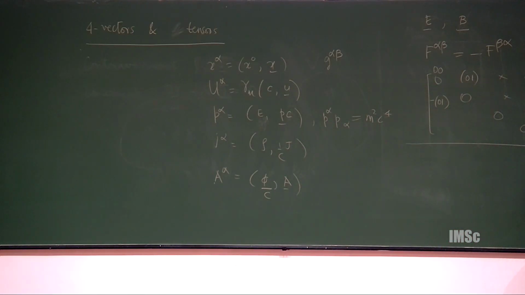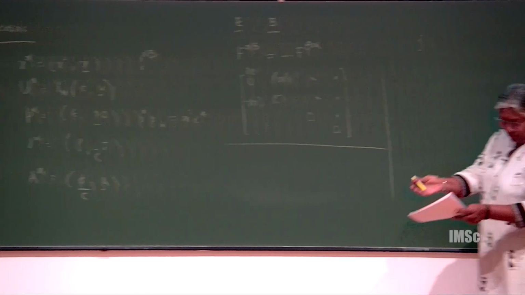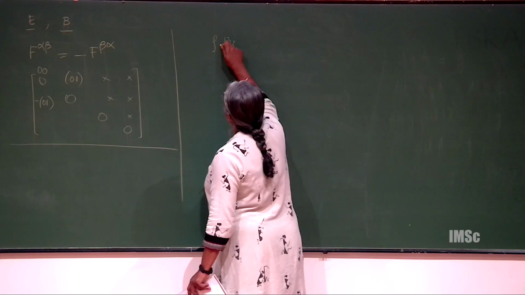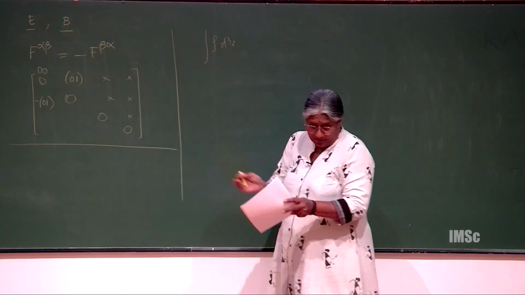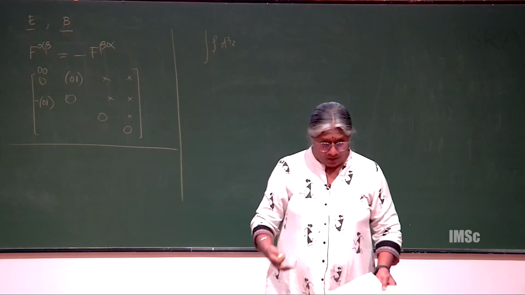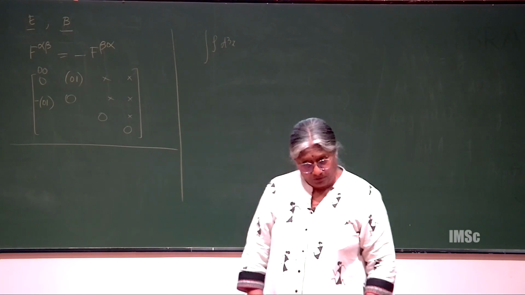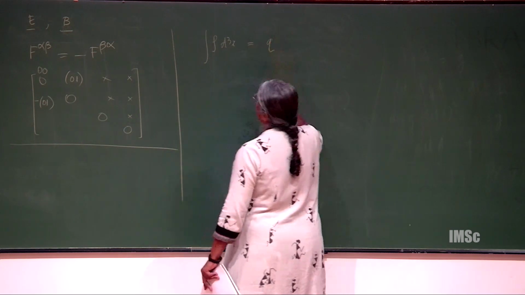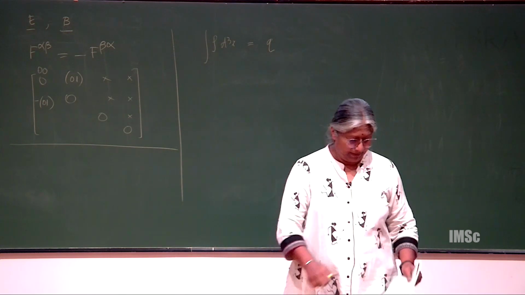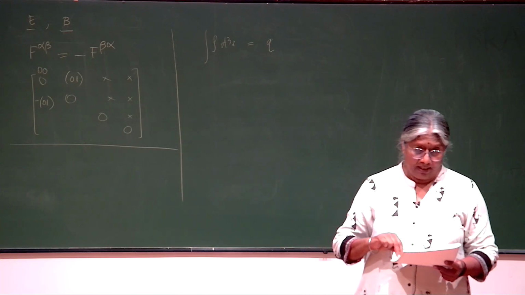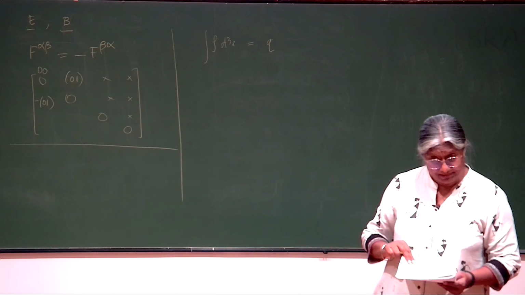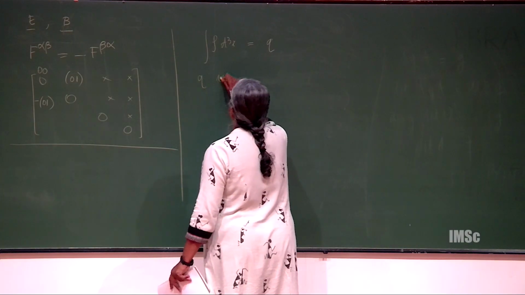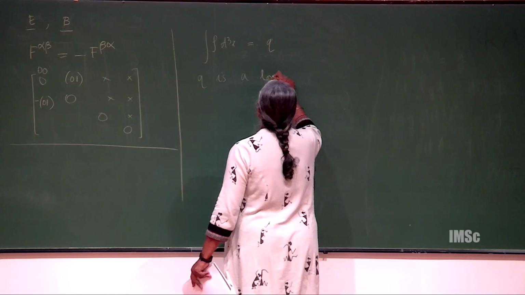If I take a charge density which is localized in some small space and I integrate it over all space, so I make sure that I cover all the places where the charge density is distributed, what will I get? Total charge, right? So the integral of rho d cubed x, provided I haven't missed anything, is just the total charge Q, right? Now what we want to say is that Q is a Lorentz invariant.